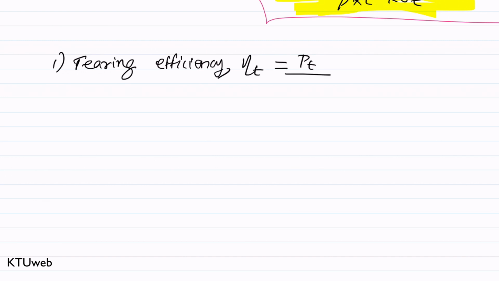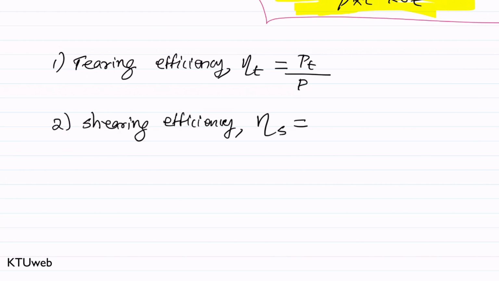Okay, let us conclude this efficiency equation. So far we found three different types of efficiencies. First one is the tearing efficiency, eta T, which is equal to PT by the strength of solid plate. The second one was shearing efficiency, eta S, which is equal to shearing strength by the strength of solid plate.